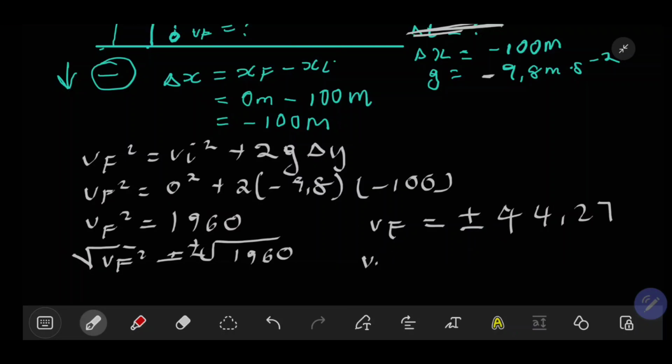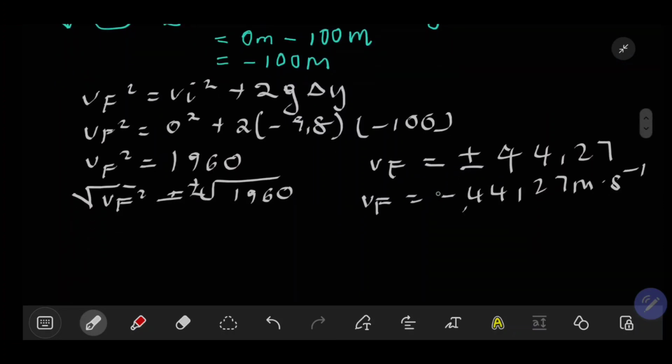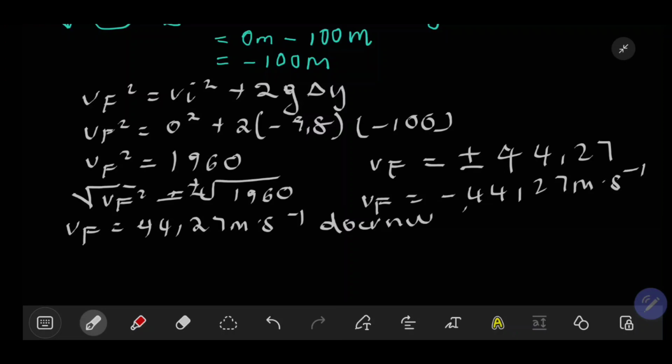Then our Vf is equal to negative 44.27 meters per second. All right, so we have to take this negative and write it in terms of direction. So our v final now becomes 44.27 meters per second, and this negative we now write as downward.